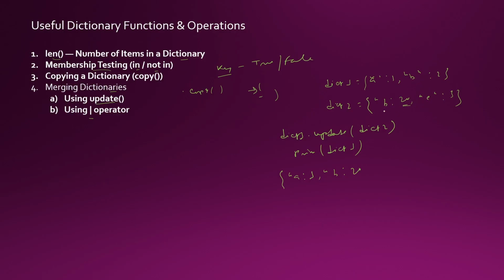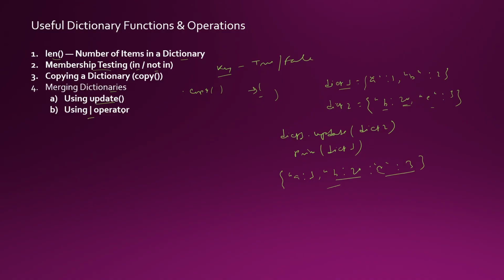So the new value has been updated in my B key. And dict1 doesn't have any C value, so once I merge, the new key gets added. So whenever we use the dot update function to merge our dictionaries, existing keys get updated and new keys get added.